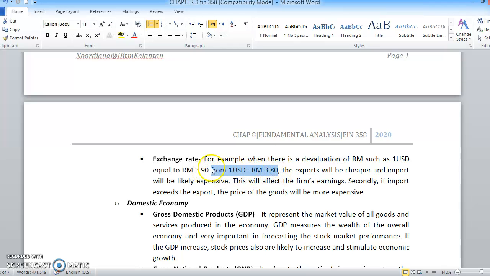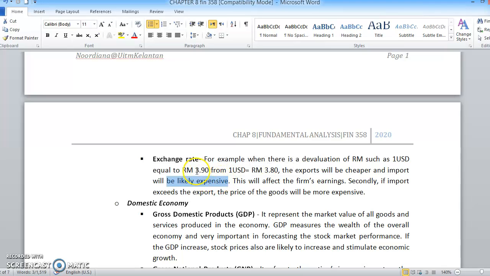Okay, even though it looks like just a 10-cent movement, this will actually affect the total exports and imports cost, right? So if it's changed from 3.9 to a little bit lower, 1 USD at RM 3.8, right? The export will be cheaper and import will be likely more expensive.